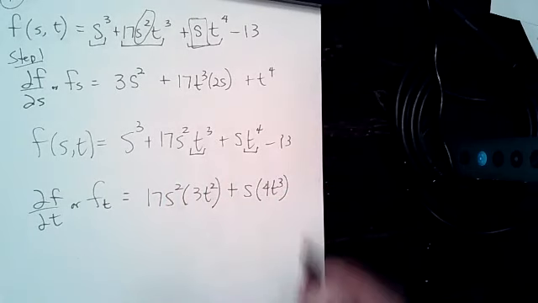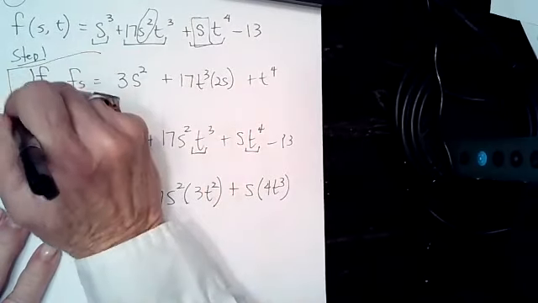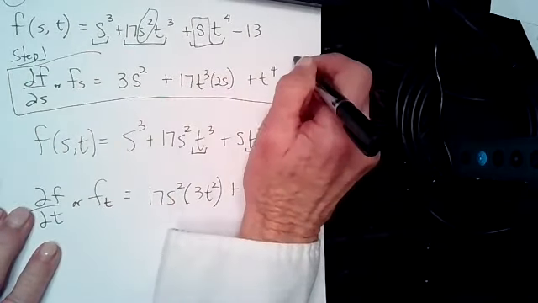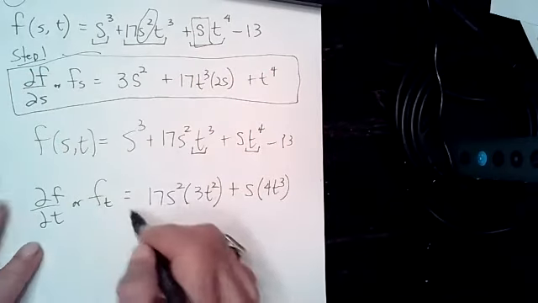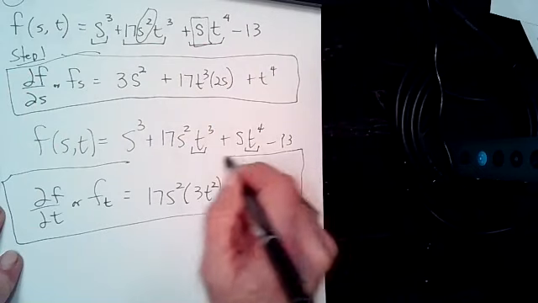And that's just how I do it. The derivative of negative 13 is 0 in either case. So that was my derivative with respect to s. And this is my derivative with respect to t.